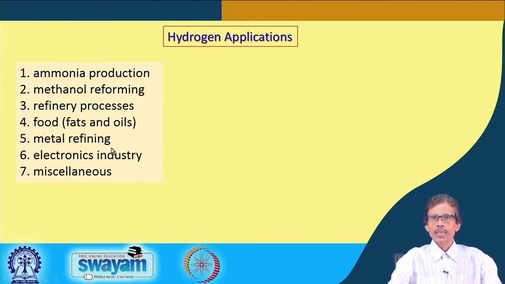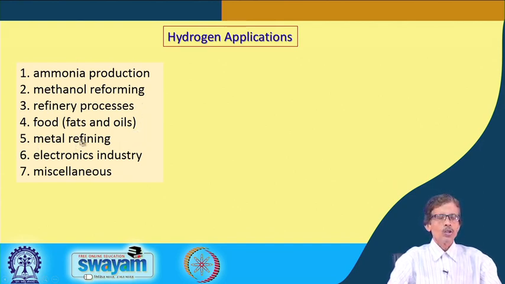Then metal refining: how is it utilized for metal refining? The name itself tells us that hydrogen can be useful for metal refining in terms of reduction. Not only for the metal refining process, but sometimes we can also use it for different hydride production: calcium hydride, titanium hydride, sodium hydride.